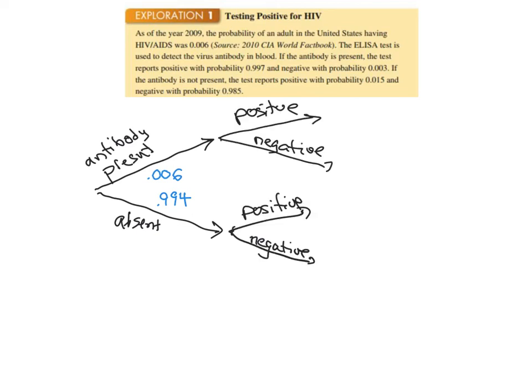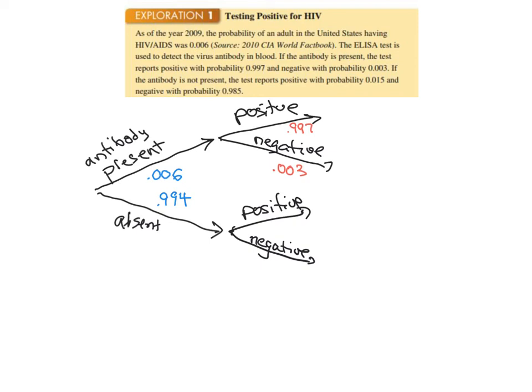The information tells us that if the antibody is present, which is the top pathway from the beginning, it has positive results with a probability of 0.997, which means that if the antibody is present, it will test negative with a 0.003 probability.